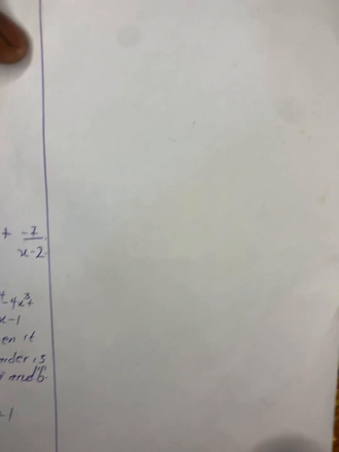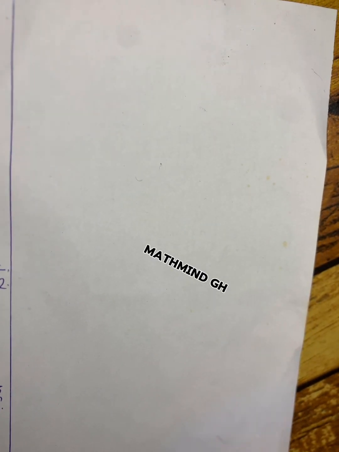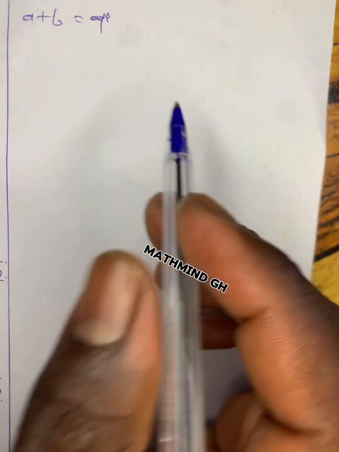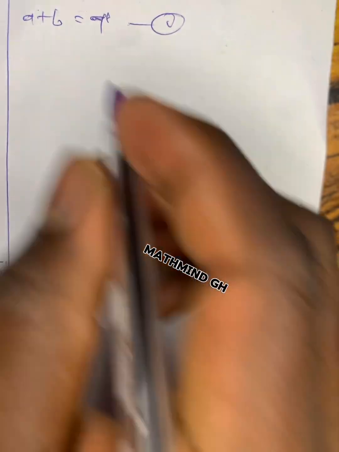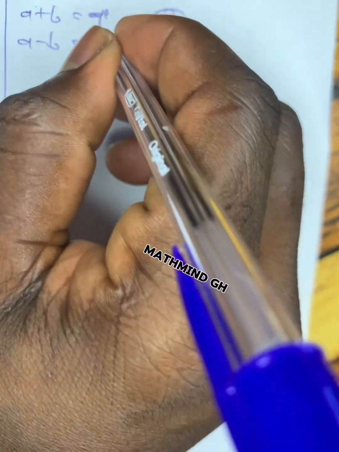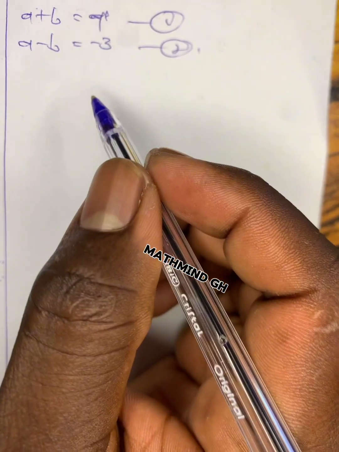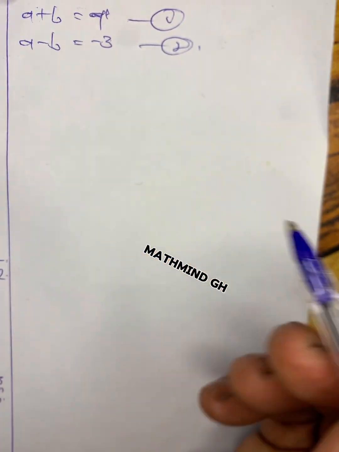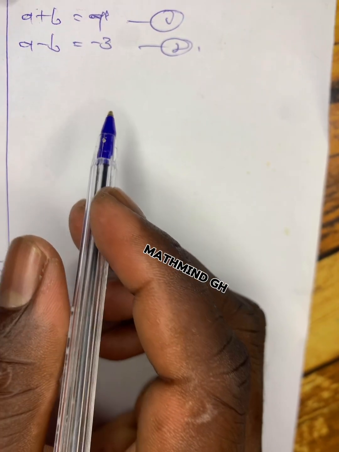Now that we have those two equations, we have to solve them simultaneously. The first one is a + b = 9, our equation 1. Then we have a - b = -3, our equation 2. We can solve this using either elimination or substitution, but elimination is best for this.